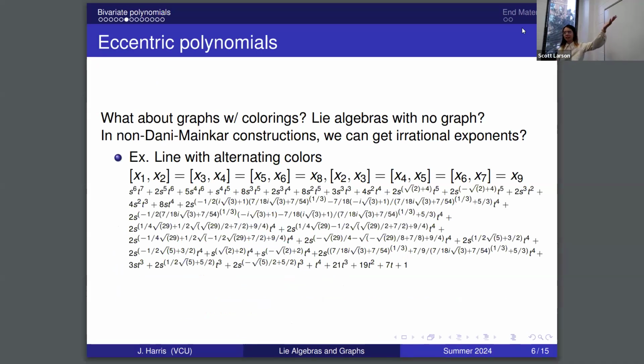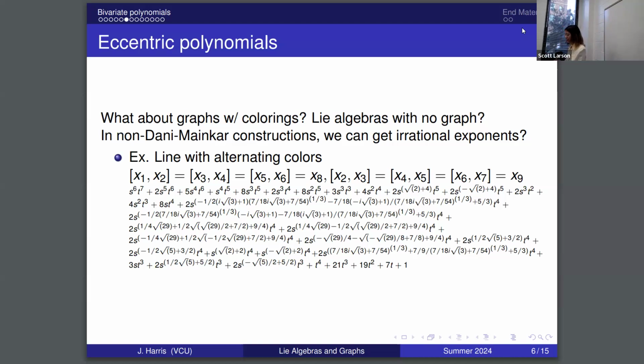And it gives you really weird irrational exponents, which doesn't seem to make sense with the interpretation from before. So these are hard to calculate, and also hard to look at. So we maybe want to see, okay, well, maybe not in general, but in a special case, get a formula for one of these things.